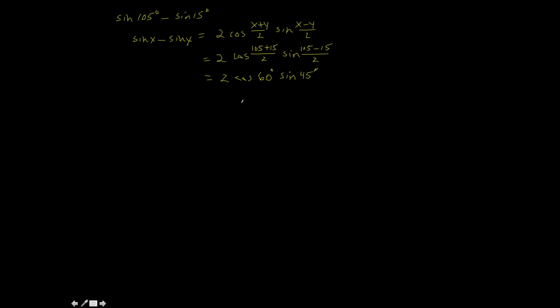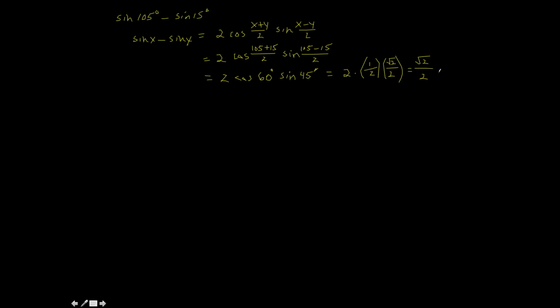Now we know what those are. Okay? So this is 2 times the cosine of 60, which is 1/2, and the sine of 45 is the square root of 2 over 2. So our answer is the square root of 2 over 2.